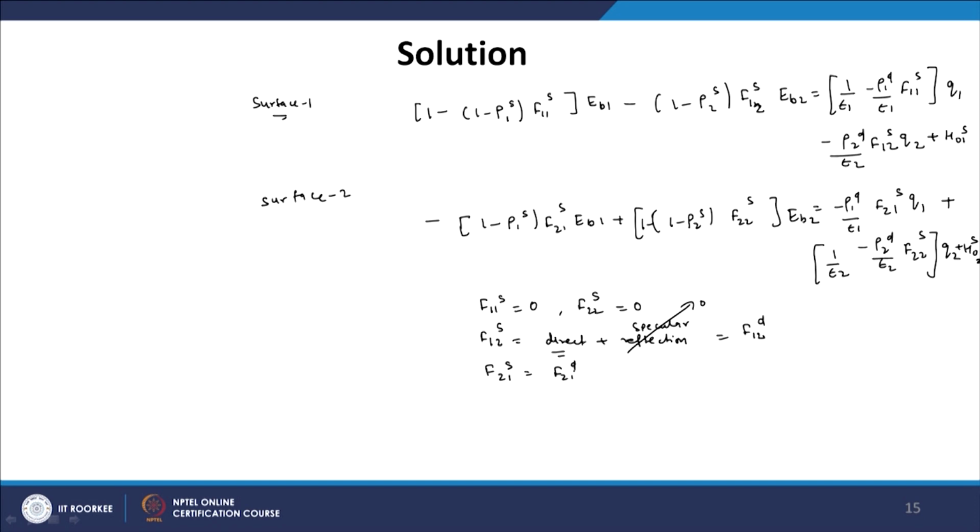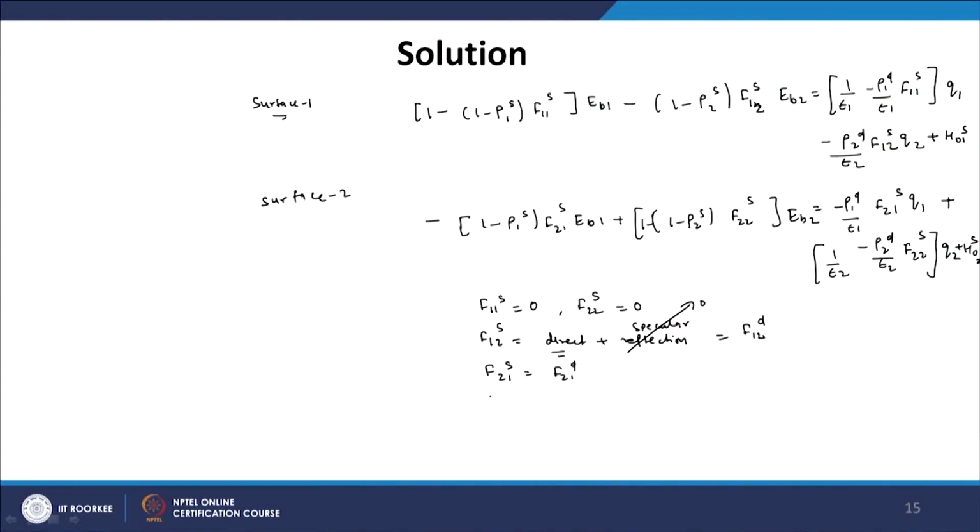Okay. So, diffuse view factors we can calculate from the table, we already know that. The value of the view factor basically for this configuration, let me give you the value, F12 is equal to 1 by 4 and F21 is equal to 1 by 3. Okay.